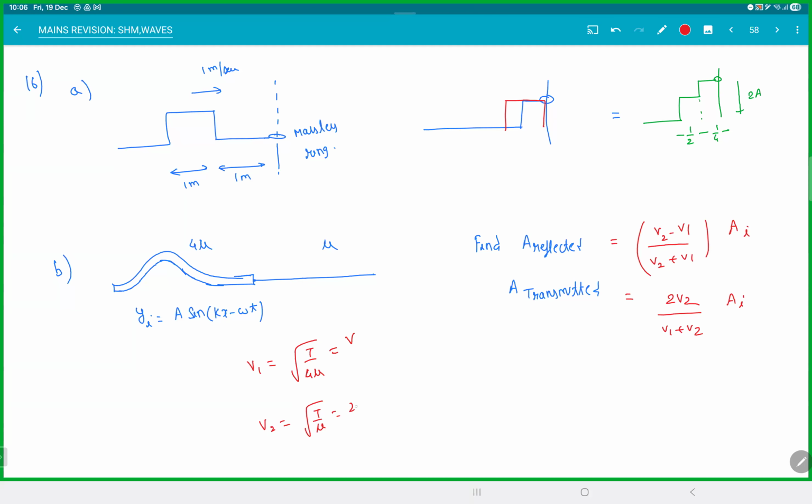This is 2V. Substitute, you get the answer. Clear with this?